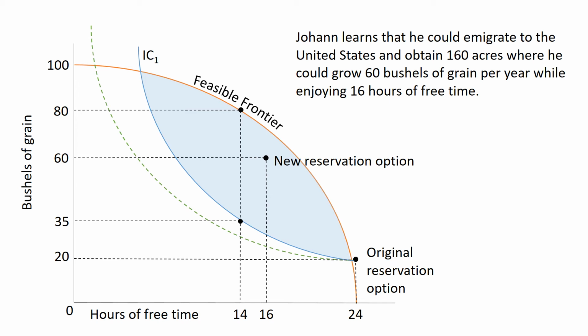It also means that Johann's threat to immigrate and leave Oscar is credible, because doing so would make him better off. Johann's new reservation indifference curve is IC2, and note that it passes through the new reservation option, meaning that it shows all the combinations of grain and free time that make Johann just as well off as he would be by immigrating.